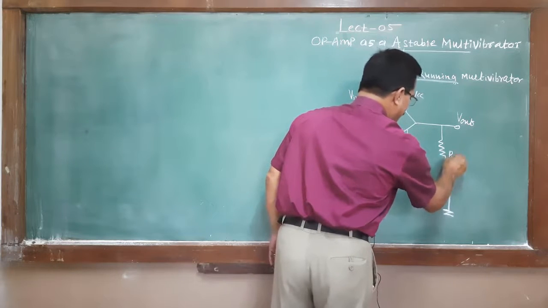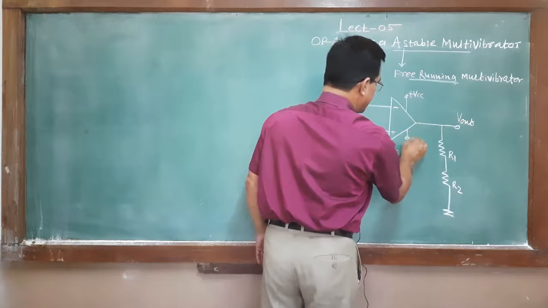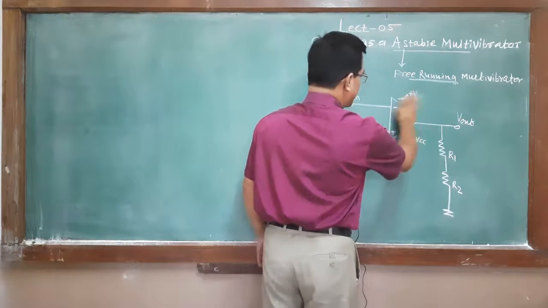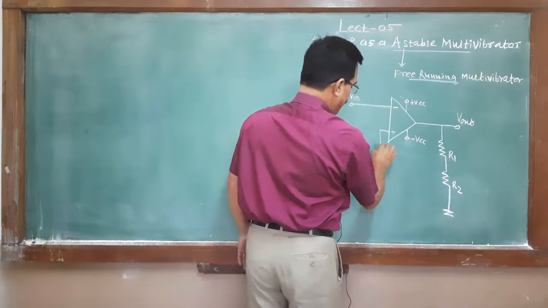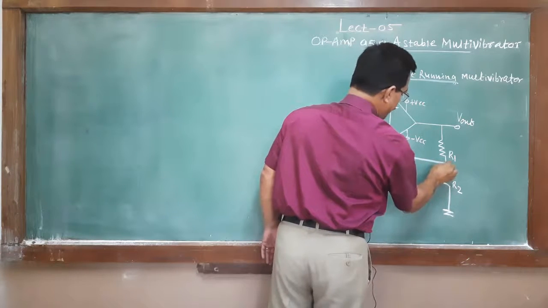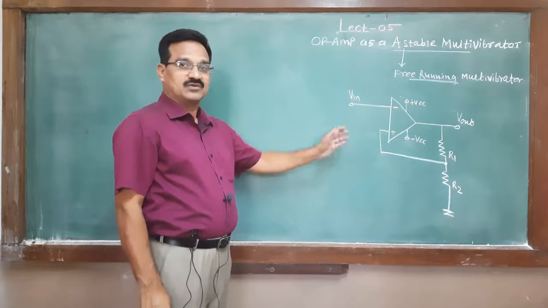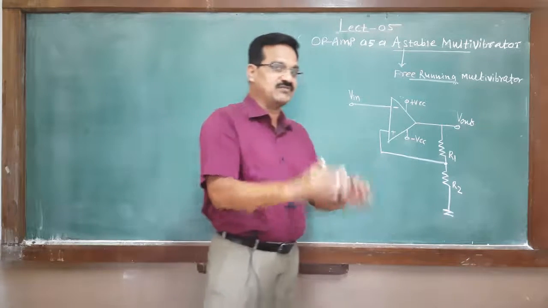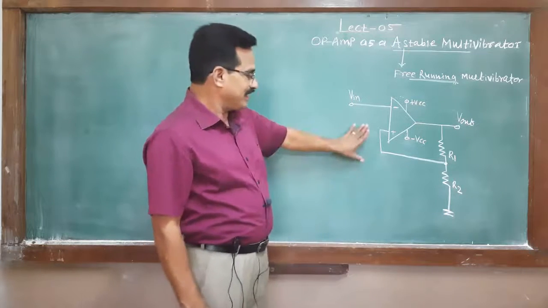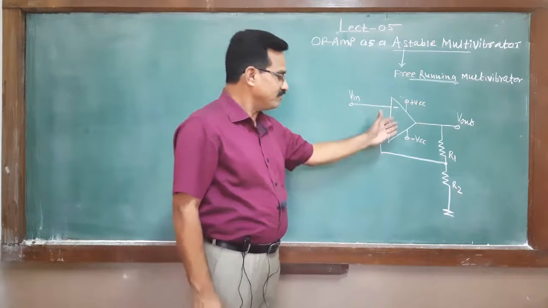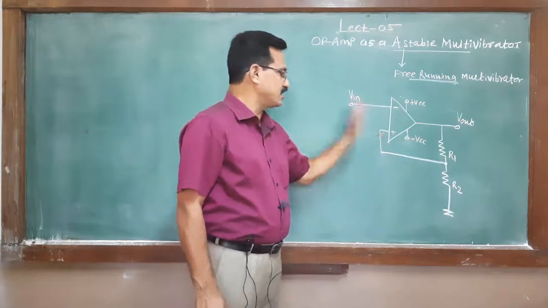We call this R1 and suppose this is R2, with minus VCC and plus VCC here. We are going to discuss the Schmitt trigger first and then I am going to explain the astable multivibrator. You remember that in the op-amp, positive feedback is given, means the output is given to the non-inverting terminal.